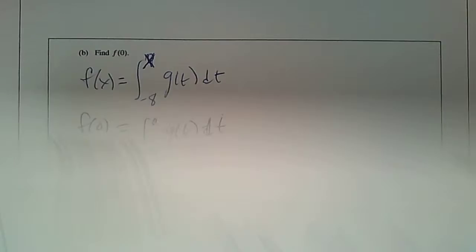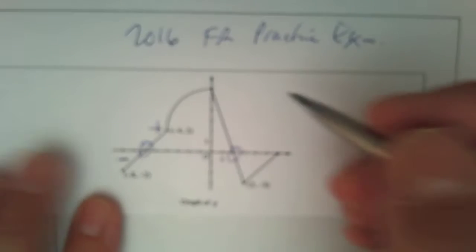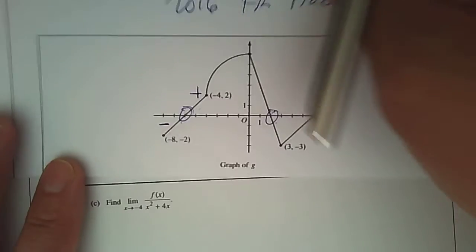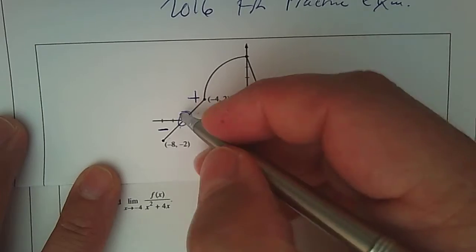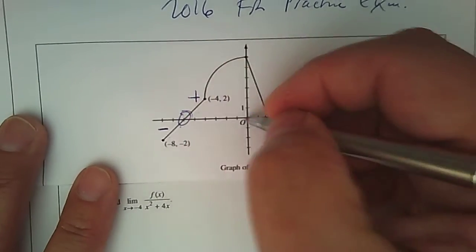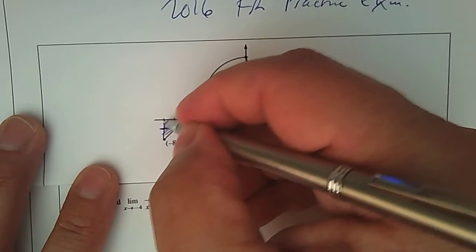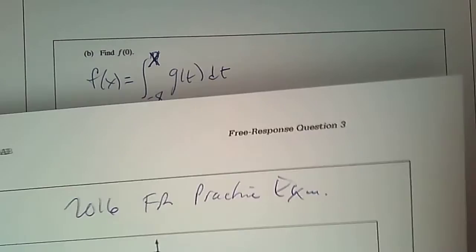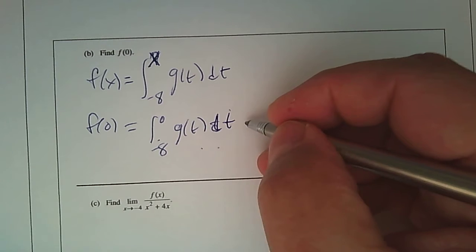So let's look. Focus it in here. All right, so above and below. So from negative 8 to 0, first of all, there's a triangle here, so I'm going to do that. So how do you find the area of a triangle? And it's going to be a negative one, but it'll be fine.